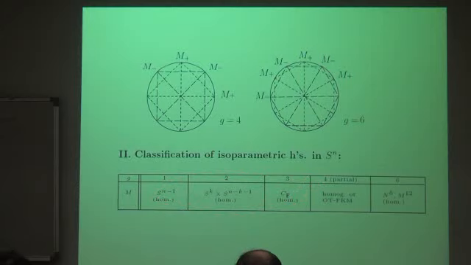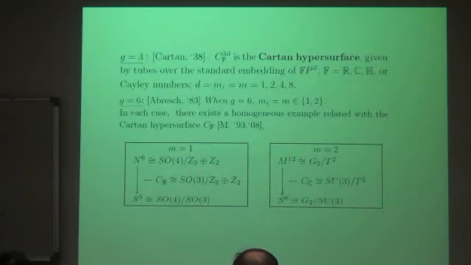Then I skip the g equals 4 case, which I mention next. So I skip to the g equals 6 case. In this case, Abresch gave a very complicated topological argument to obtain that all the multiplicities coincide, and this m takes only the values 1 or 2. And in each case, we have homogeneous examples, and they are very closely related to Cartan hypersurfaces. How is the relation?